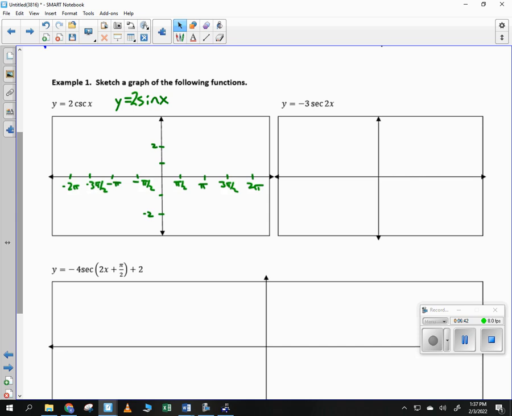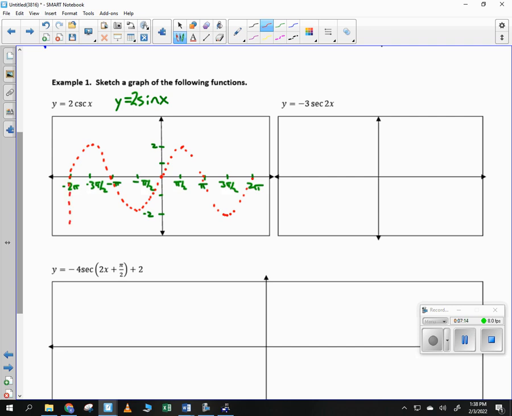Where does this graph start? Up. Does it go up or down? It goes up and down, down and back up. What's my next step? The asymptotes.